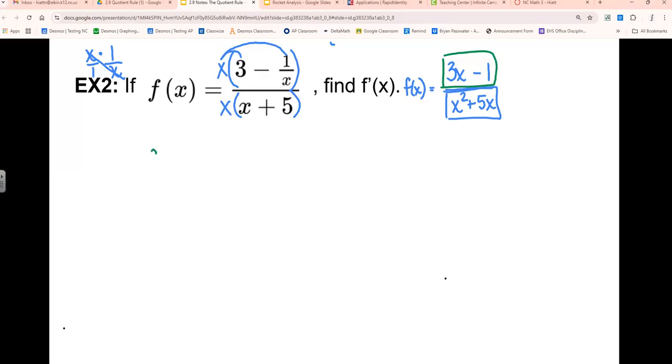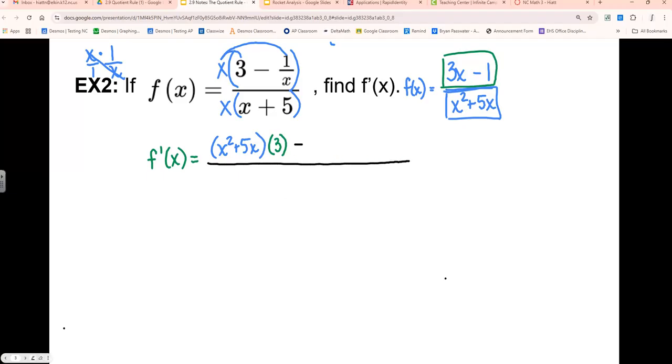So f prime of x is going to equal low, in parentheses, x squared plus 5x, times d high, the derivative of the high, which is just 3 right here, and then high, which is 3x minus 1, times the derivative of the low, x squared.